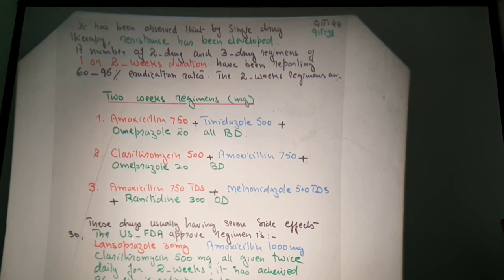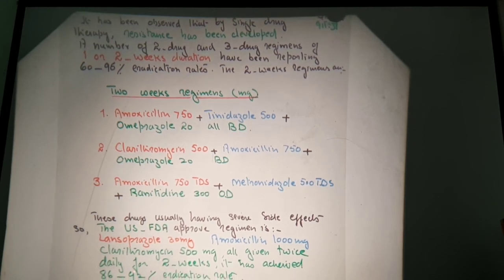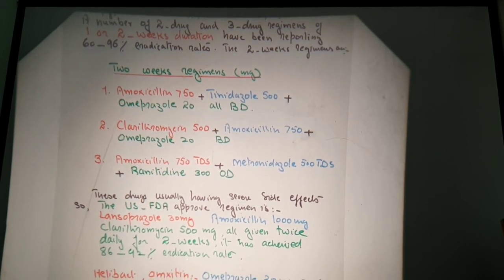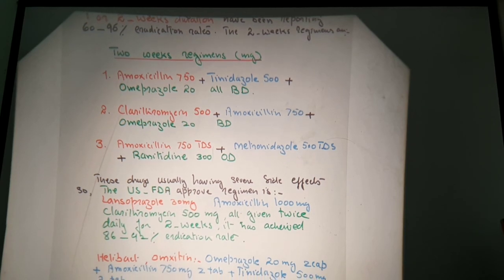So the United States Food and Drug Administration approved a regimen of lansoprazole, amoxicillin, and clarithromycin, all given twice daily for 2 weeks. It has achieved an 86 to 92% eradication rate.